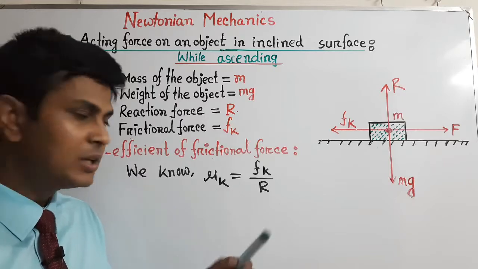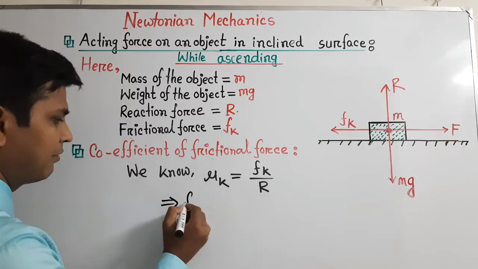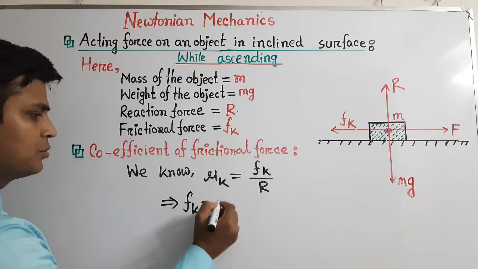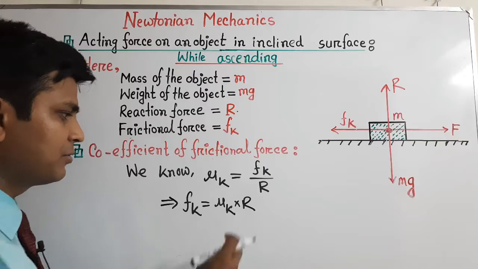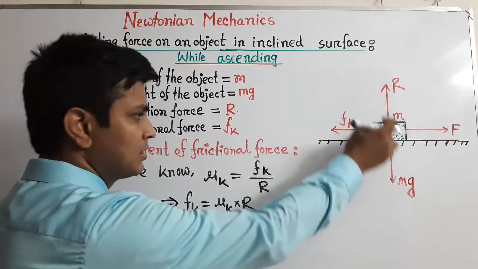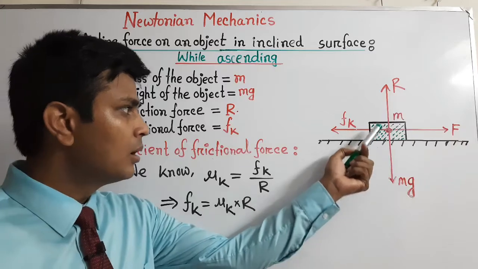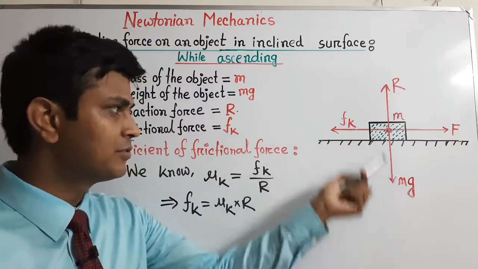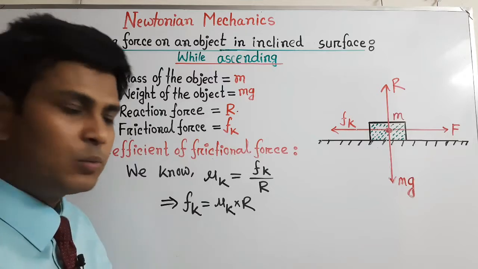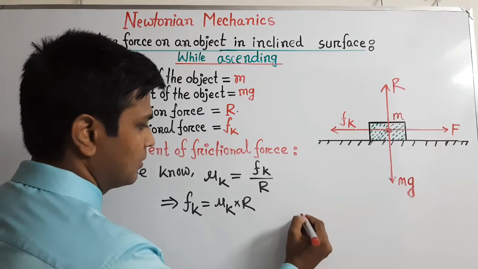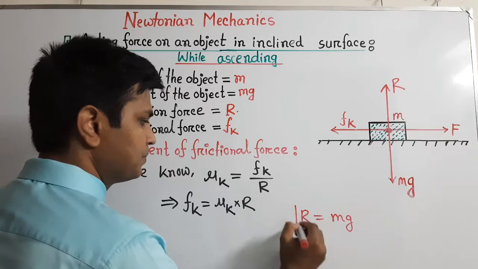So if you want to calculate the frictional force from this equation, then we can write Fk equals nu k into R, and we know the reaction force R is equal to the weight mg, because these two forces, weight and reaction force, act in opposite directions. So we can write R equals mg.